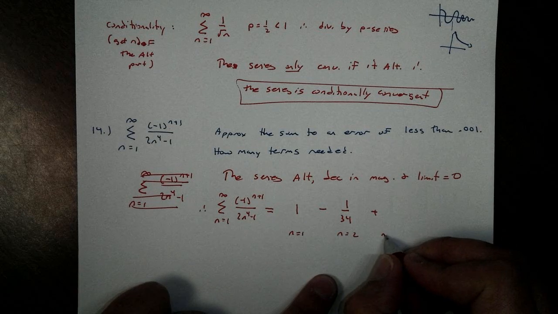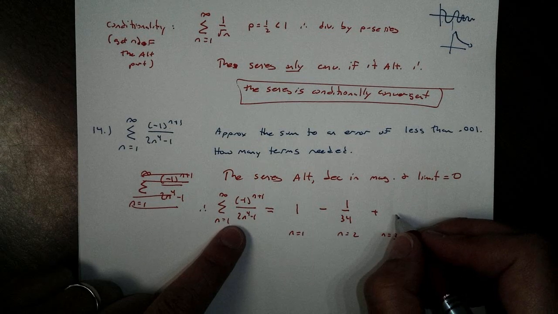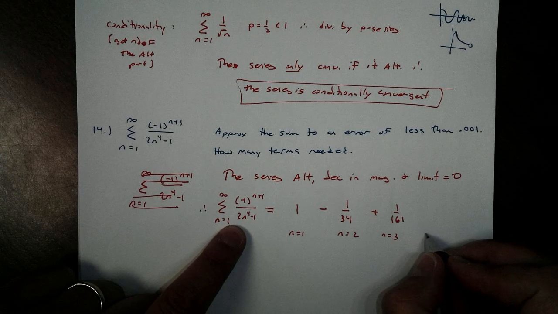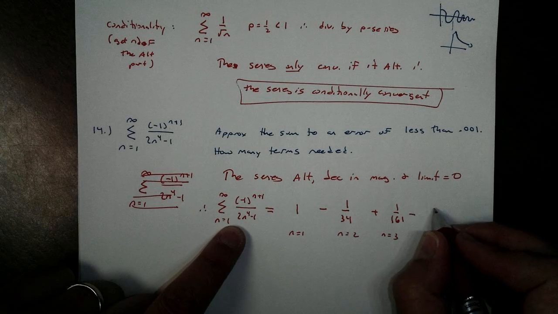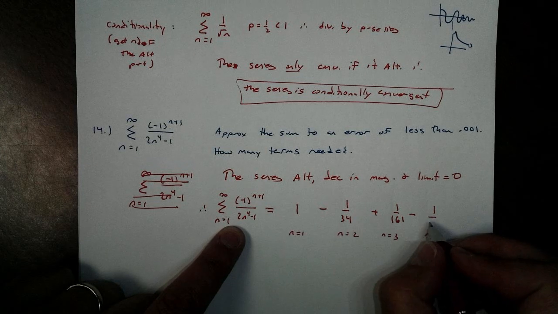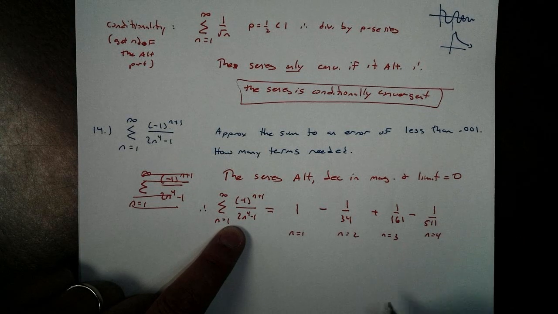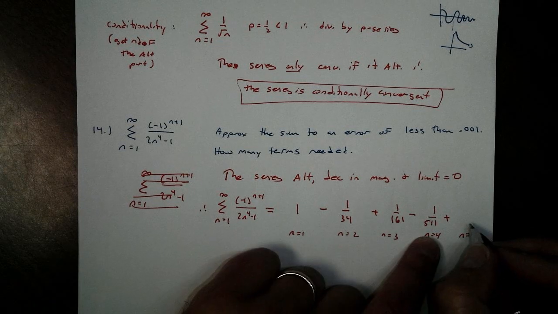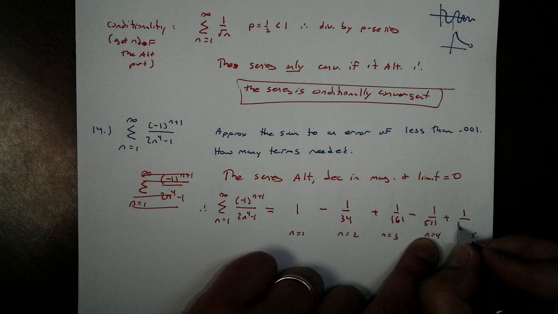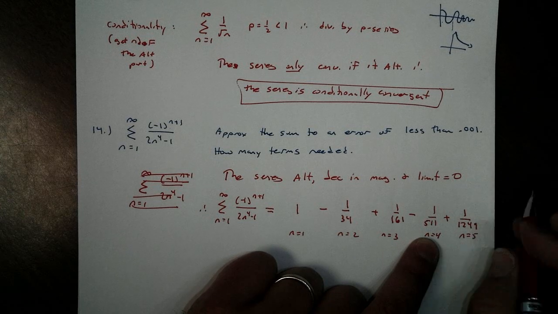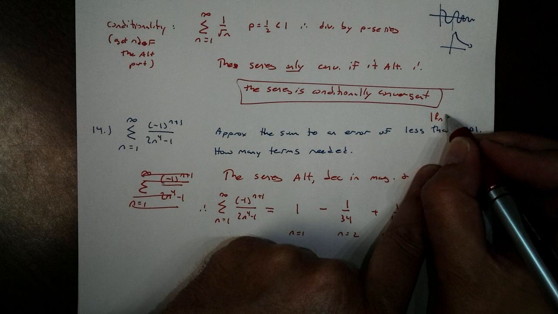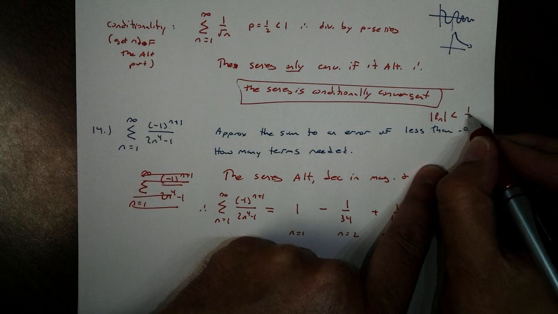Let n be 3, you get 1 over 161. Let n be 4, we go minus, and you get 1 over 511. Plus, go to the next one, n equals 5, and you're going to get 1 over 1,249.